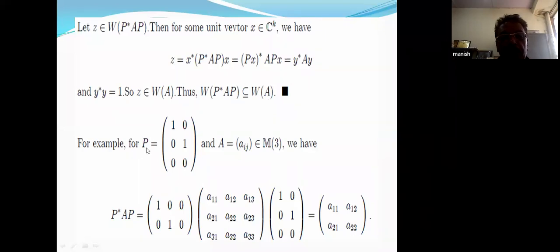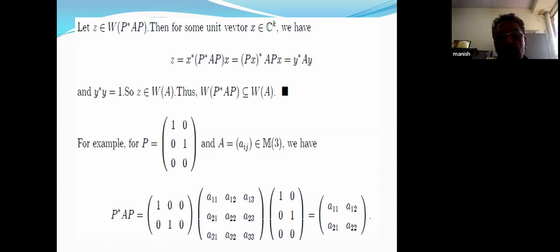For example, take P to be this matrix, with rows 1, 0, then 0, 1, then 0, 0. This is an isometry. If we calculate P star P, this comes out to be the identity matrix of order 2 by 2. Let aij, the entries of A, belong to M3. Then we calculate P star AP. This comes out to be this matrix, the top left block a11, a12, a21, a22.